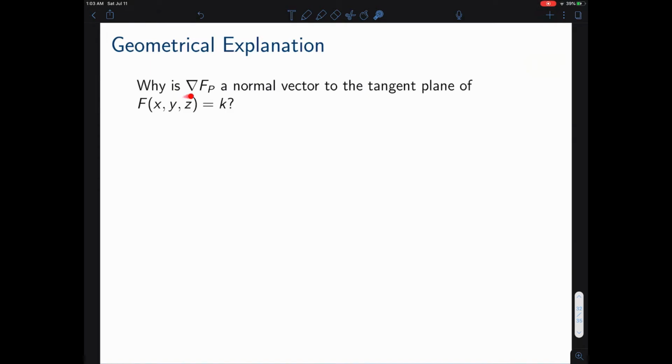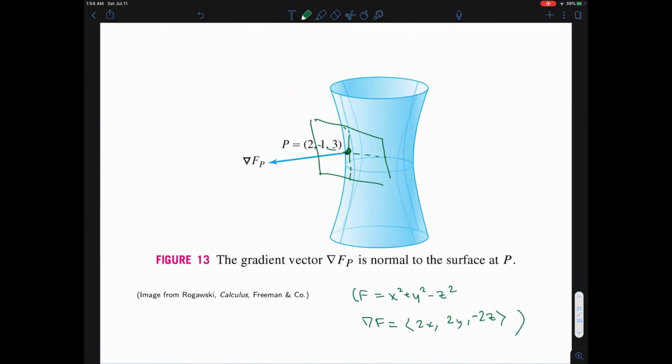Why is the gradient a normal vector to that tangent plane? Well, I'll show you. It's kind of fun. Let's take any curve r of t on the surface S. It can wiggle around, and it goes through the point P. Let me go back to the previous slide.